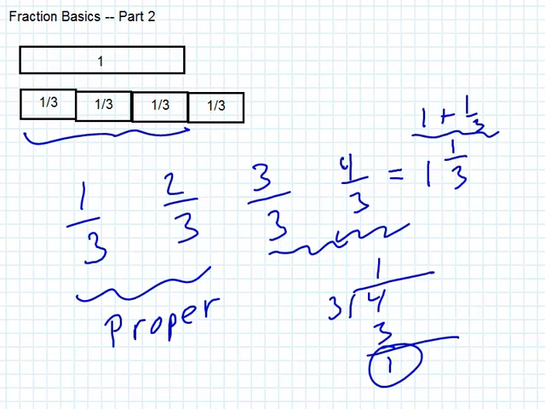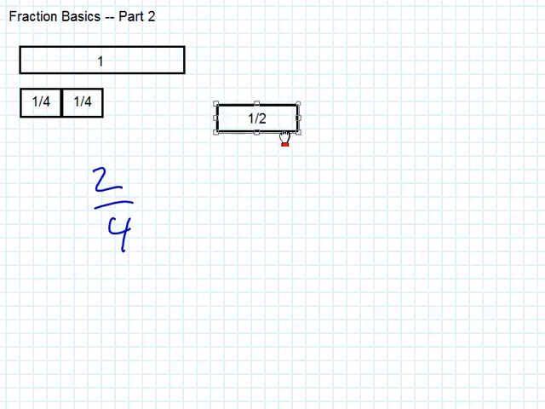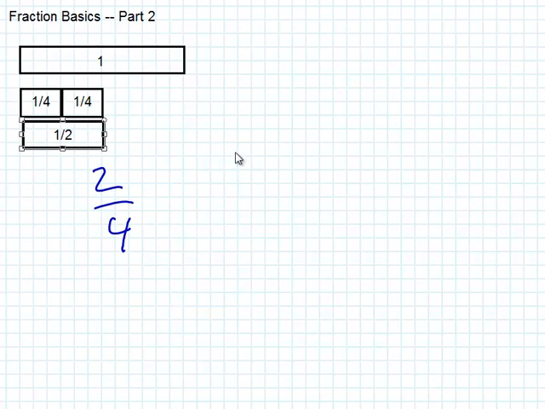Okay, let's look at fourths. Okay, there's a fourth. Notice it's 3 squares long, and this is 12. 3 times 4 is 12. So 4 of these should make up one of these. Let's try it. Here's a second one. And notice that 2/4 is the same thing as 1/2. So if I compare this to a half, 2/4 is the same as 1/2.